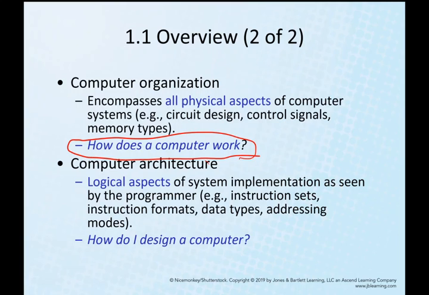But in computer architecture, we talk about the logical aspects of the system like instruction sets, instruction formats, data types, addressing modes, and different architectures of different parts of the processors.